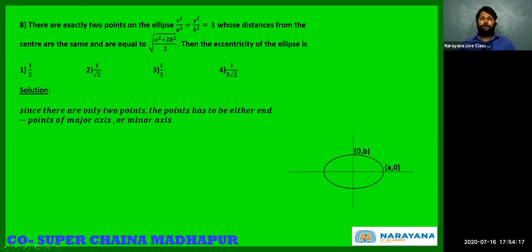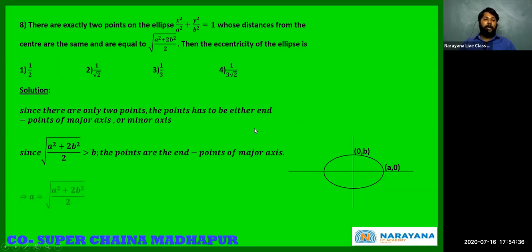So this whole expression is always going to be greater than B, which means this distance cannot be B, which means it must be A. Correct? So this is interesting. Since this entire expression is greater than B, the points are the endpoints of the major axis. These are the points A comma 0 and minus A comma 0. Therefore, I can say A is equal to root of A square plus 2B square by 2. Correct?